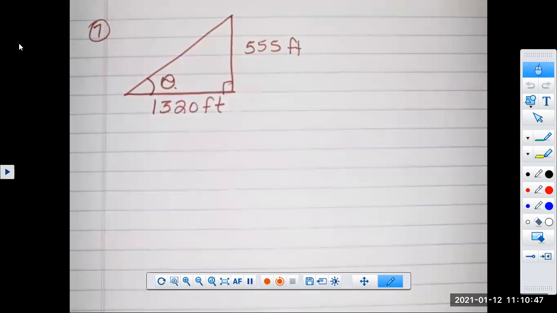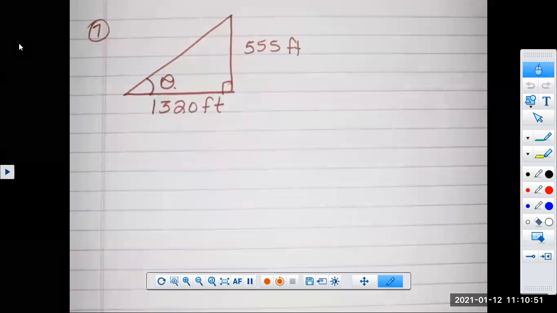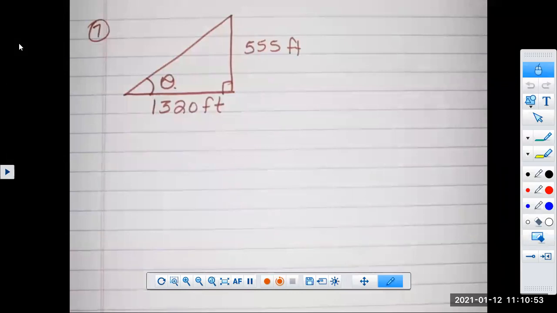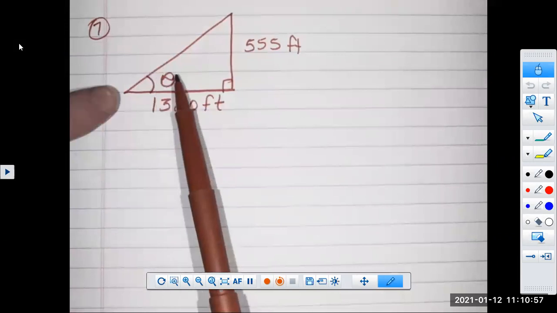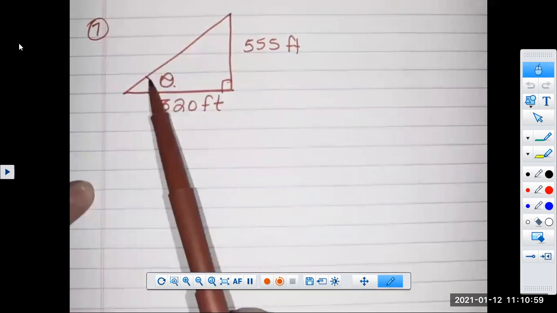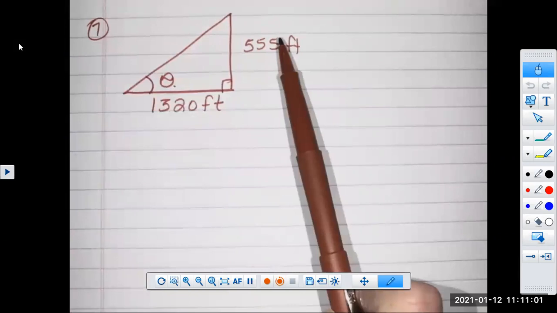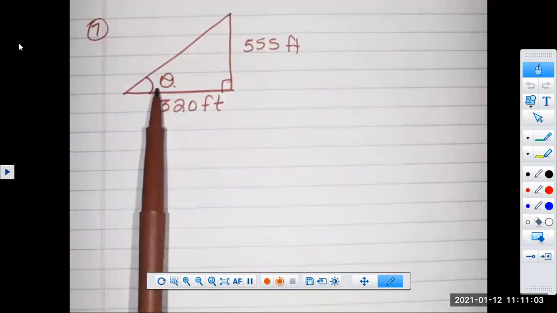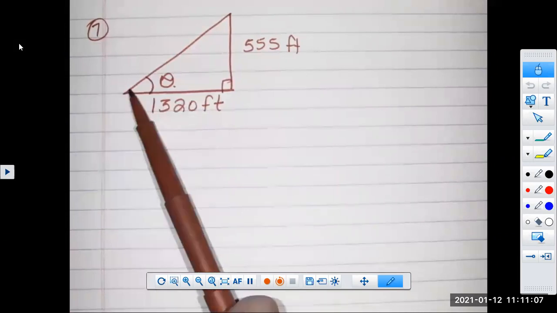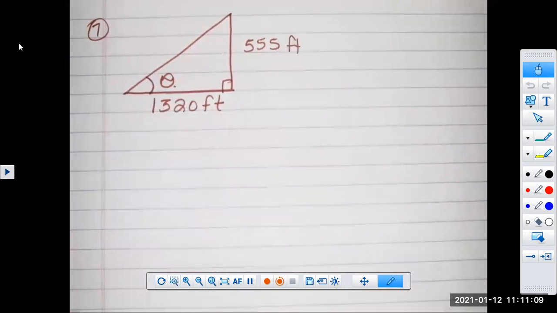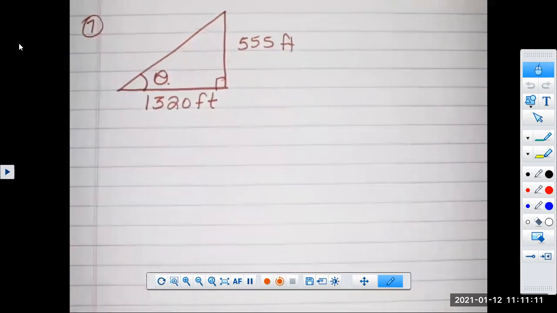So what you have to do in this case is determine what trig ratio to use based on what you're given. So always look at the angle and notice that you're given this side, which is opposite that angle, and you're given this side, which is adjacent. So since you have the opposite side and the adjacent side, you need to use what trig function?